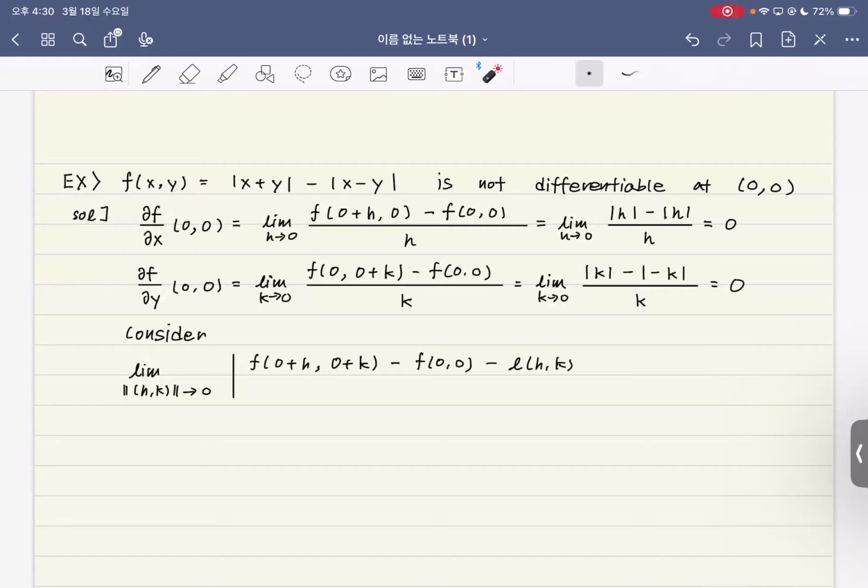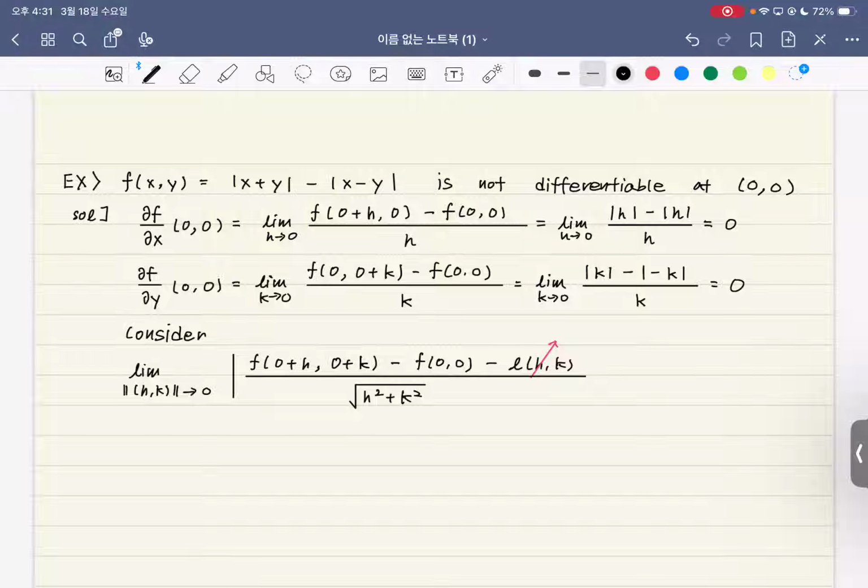But these two partial derivatives are both equal to 0. So this is just simply 0 times h plus 0 times k. So this guy is obviously 0. And we have the square root of h squared plus k squared on the bottom.